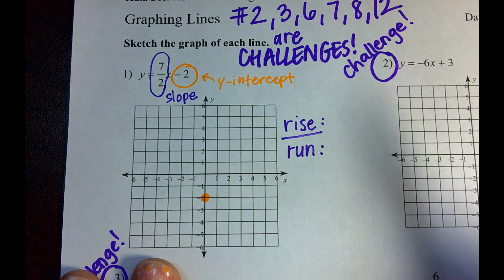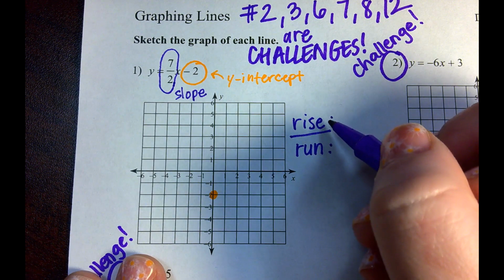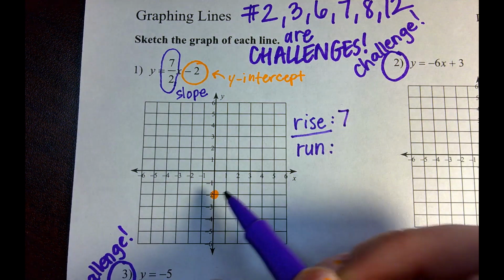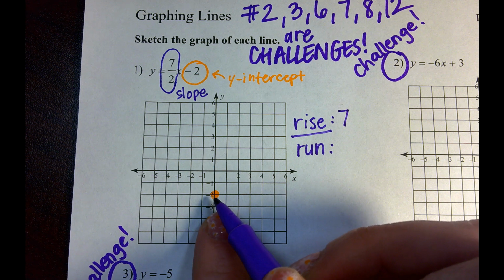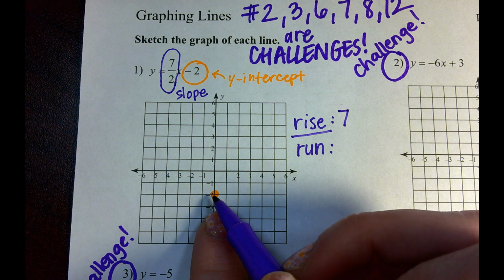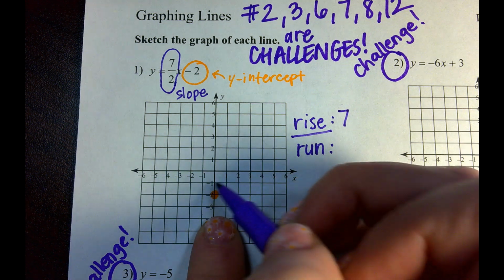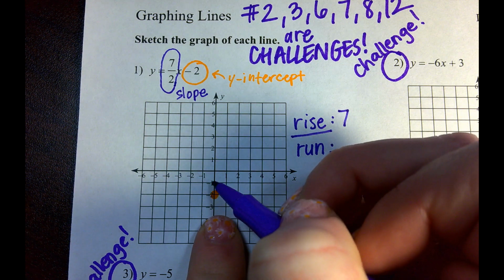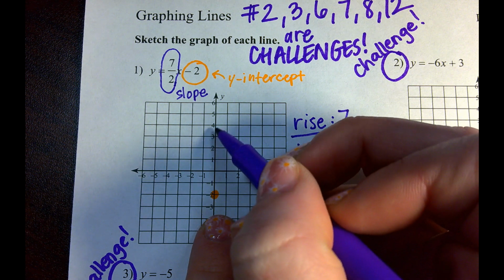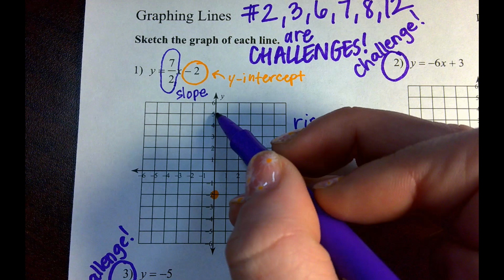So, Jenny, we're looking at 7, you said. Is that our rise or is it our run? Oh, that's our rise. So, starting from the point we just graphed at 0, -2, if we're rising 7, should I go up 7 or down 7? Up 7. Good. So, I'm going to count 1, 2, 3, 4, 5, 6, 7.